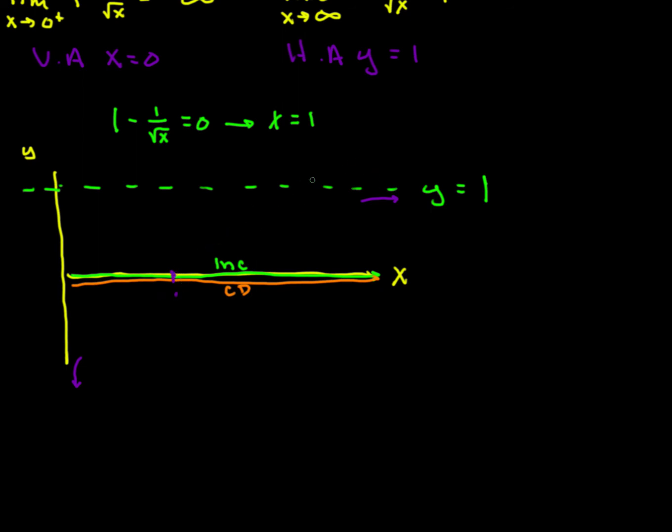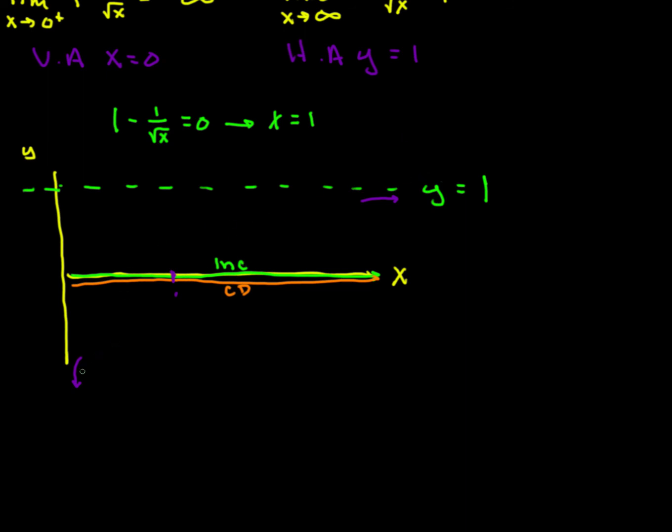Does it ever cross the horizontal asymptote? Well, just like we argued before, if it were to cross over, we know it's going to have to turn around and come back. Well, if it comes back, it's decreasing there. But my function is never decreasing, it's always increasing. So that can't happen, which means my graph can't ever cross this horizontal asymptote.